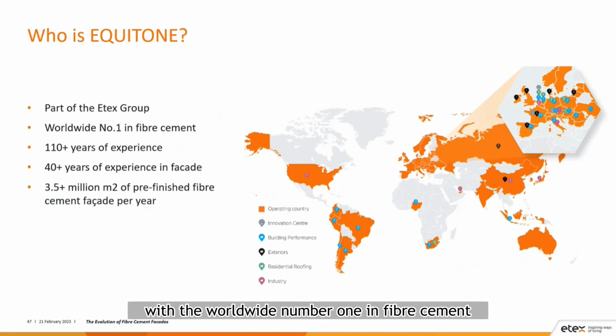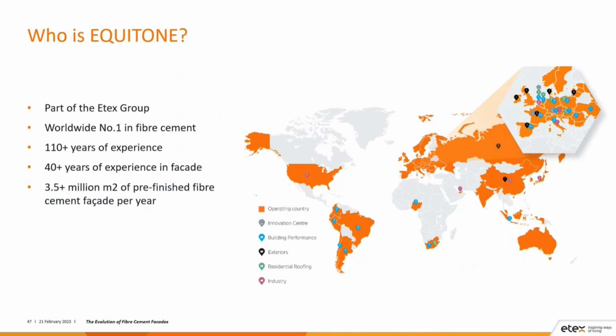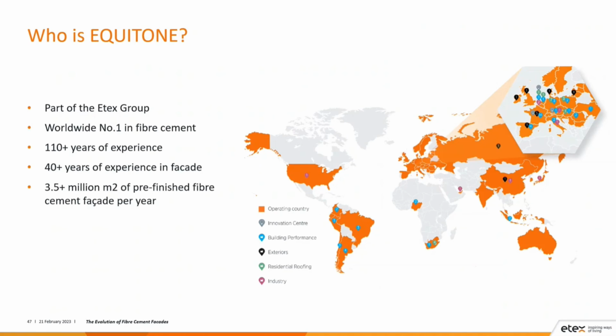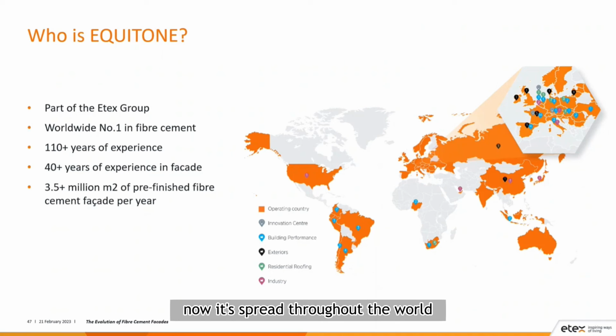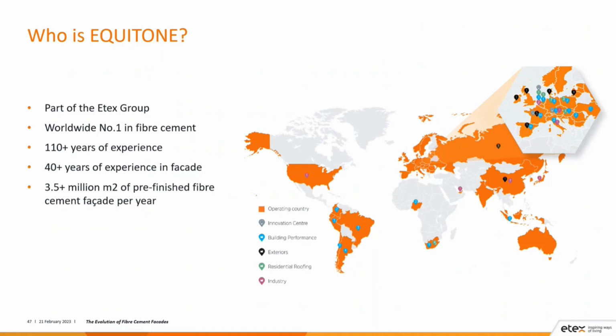With a worldwide number one in fibre cement, with 110 plus years of experience and 40 plus years of experience in facades. In terms of facades, it was founded for a need of a more architecturally focused panel in Germany and Belgium. And now it's spread throughout the world, where probably closer to 4 million square meters of pre-finished fibre cement is sold in facades throughout the world per year.